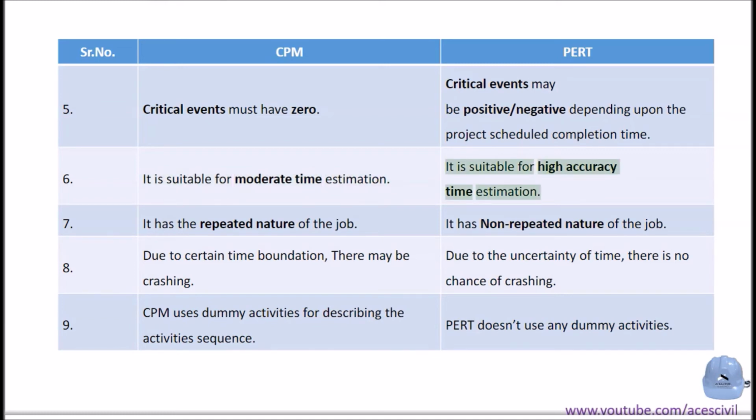PERT is suitable for high accuracy time estimation. 7. CPM has the repeated nature of the job. PERT has the non-repeated nature of the job. 8. In CPM, due to certain time boundation, there may be crashing. In PERT, due to the uncertainty of time, there is no chance of crashing.